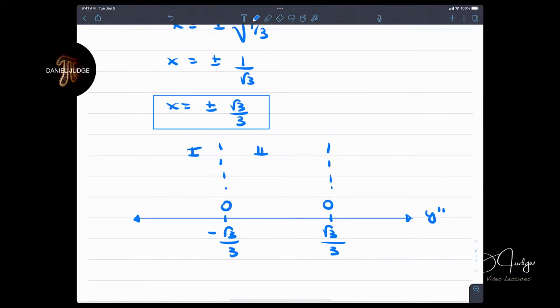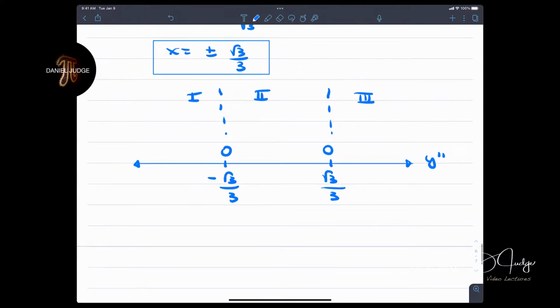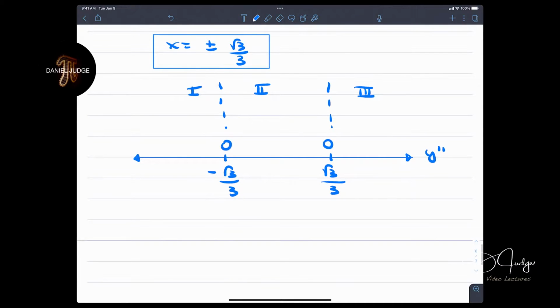Region 1, region 2, region 3. Now, the square root of 3, again, is about 1.7. So 1.7 divided by 3 is approximately 0.5. So just to let you guys know, it's kind of like approximately negative 0.5 and positive 0.5.